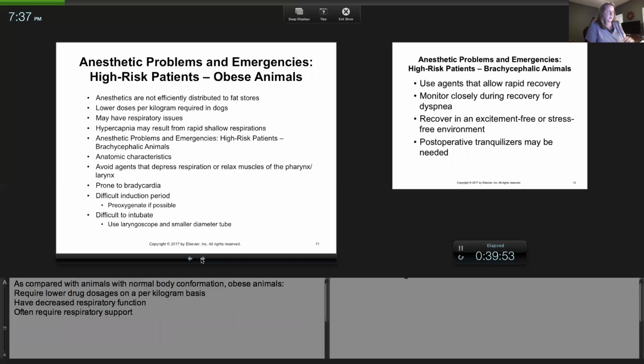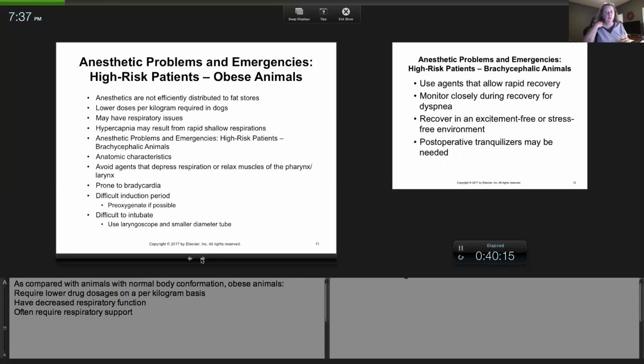So be cautious there. I've mentioned a little bit about obese animals, and this is an area where students tend to get drugs wrong, and I'll talk about that. But you always want to weigh the animal, what they weigh currently.